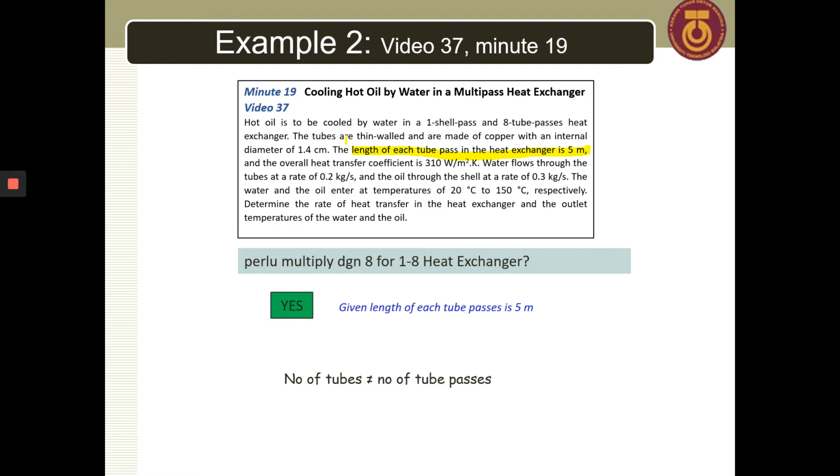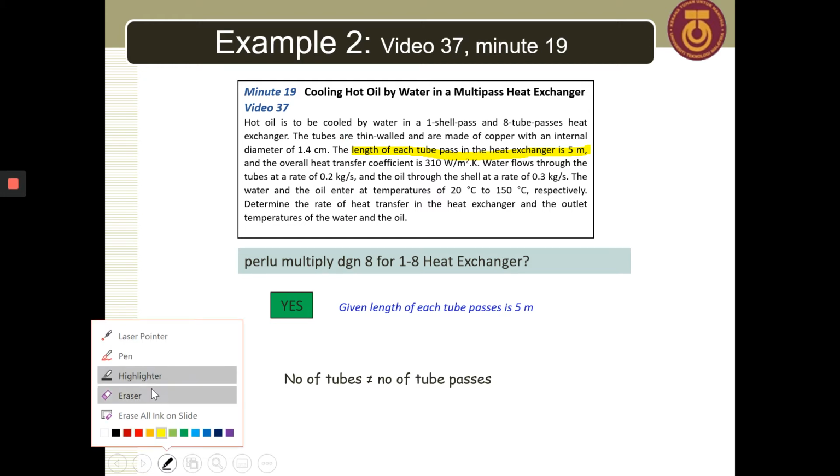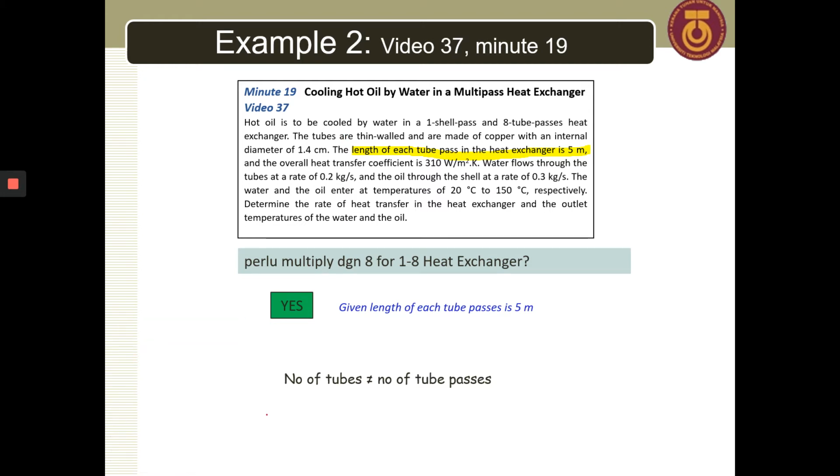Area A equals pi D L, right? So maybe I could write: area is equal to pi, the diameter D, and the length L. In this case specifically, Prof. Joshua multiplies by 8 because L here for one tube pass is 5 meter.